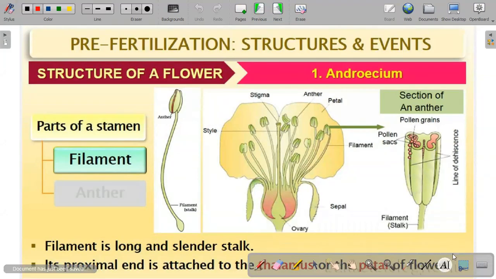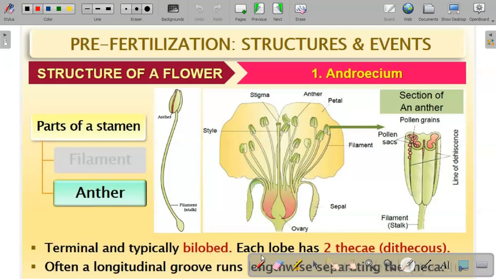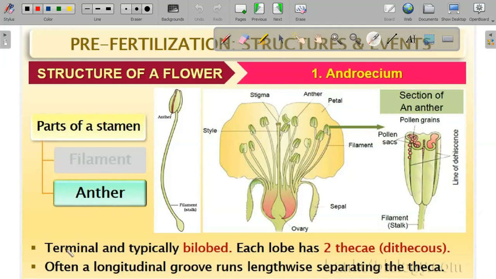Now we look here. In a flower, first is the filament, the long stalk which connects the anther and the basal stalk. Next, we have a bilobed anther connected by adhesives. In a cross section of a bilobed anther, I can see pollen sacs or microsporangia.